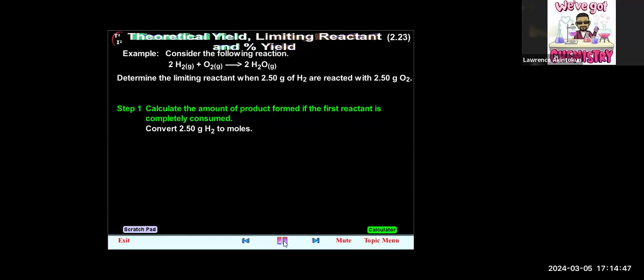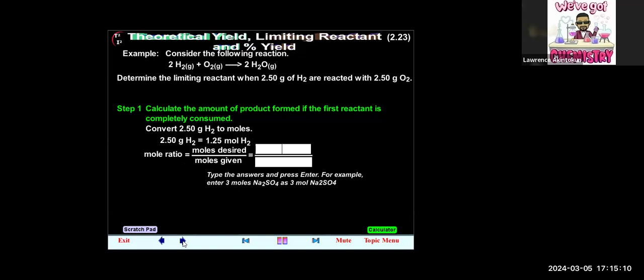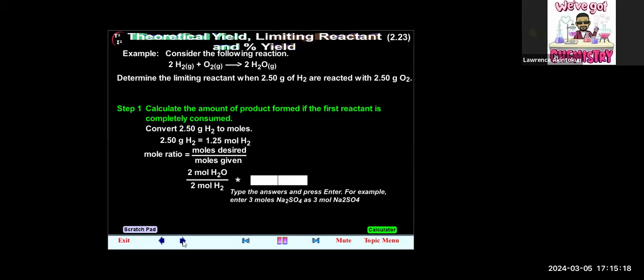Convert 2.50 grams H2 to moles. Then go ahead and input the values: moles desired from the balanced equation at the top, and moles given, and multiply by your moles of hydrogen.